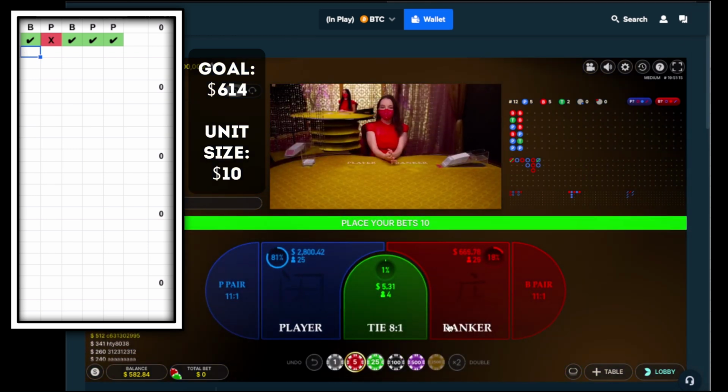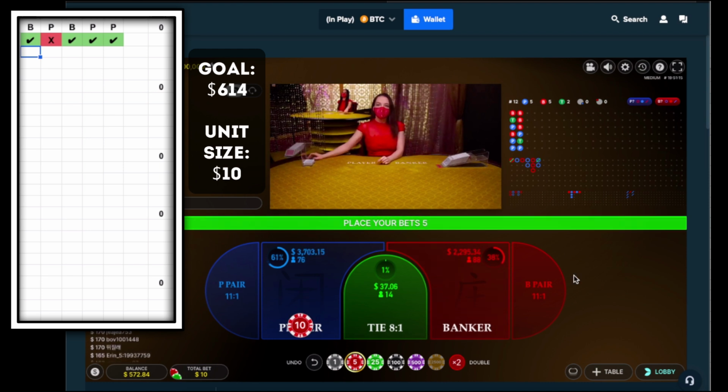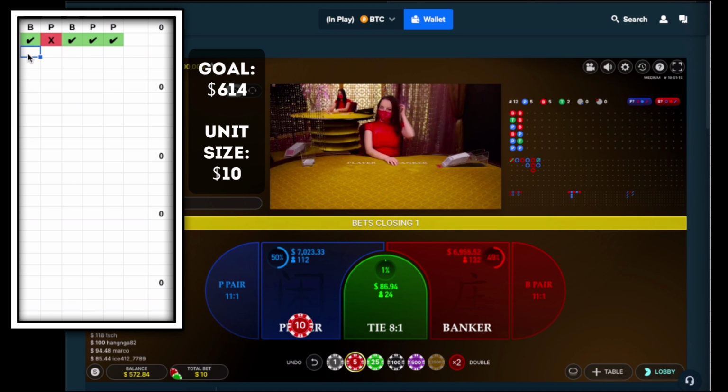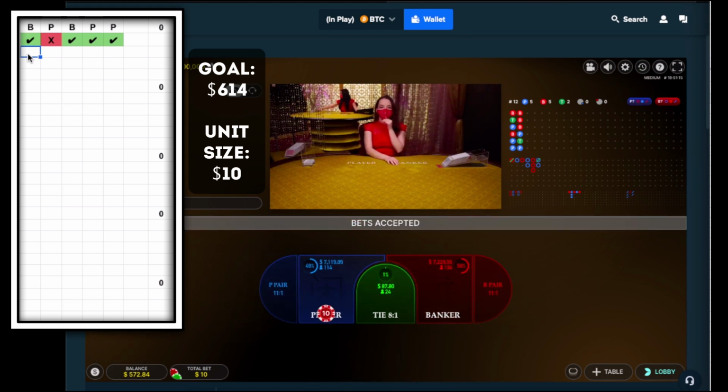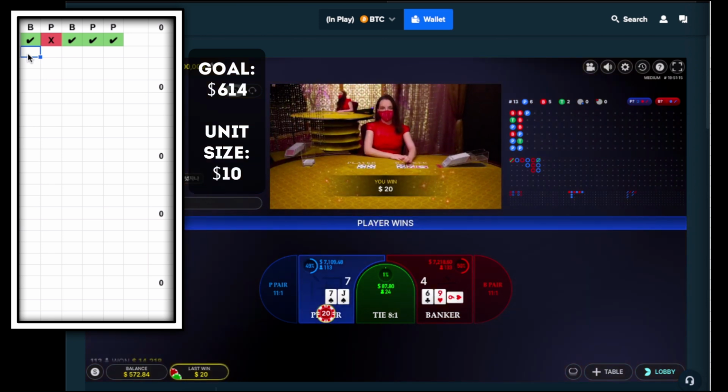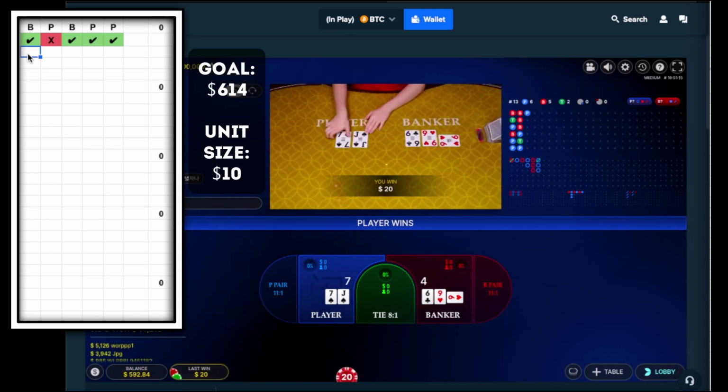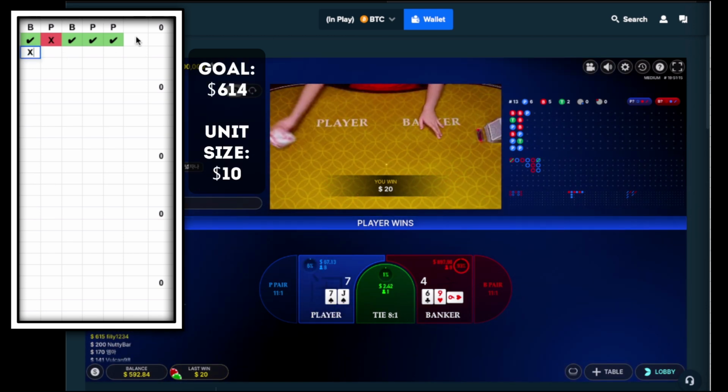We're ready to start. Looking for the X here. So my first bet will be on player. We are at $10 units now for this session. So looking for an X here. Okay, we do get the X, +10.